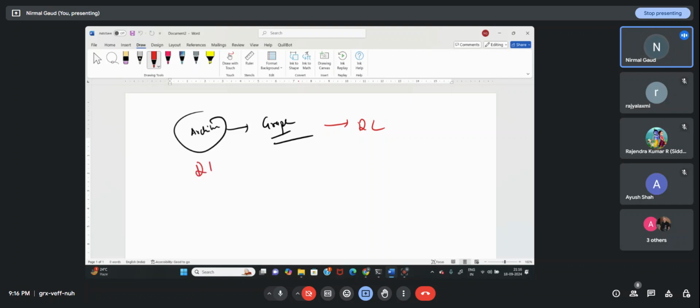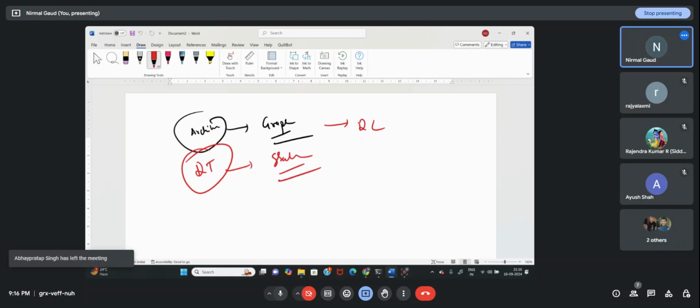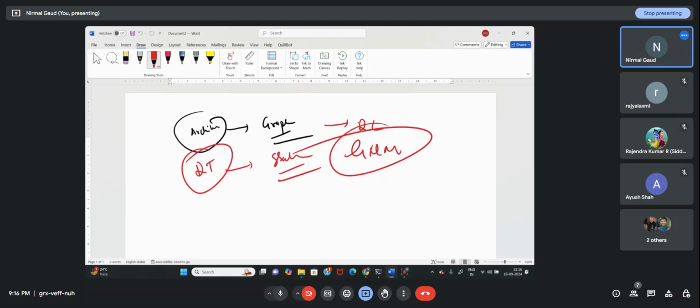Also, a decision tree in machine learning, you are building a tree, it's a graph only. And I hope you heard about the graph neural network also. Not a new concept, not so famous, but it's coming. Just to show the relationship, graph is very important.